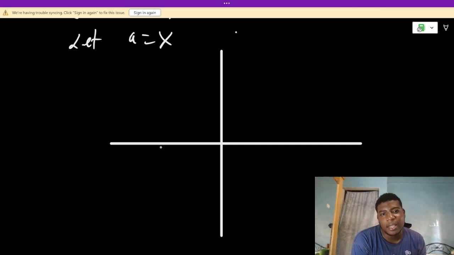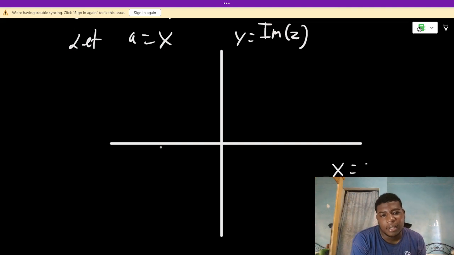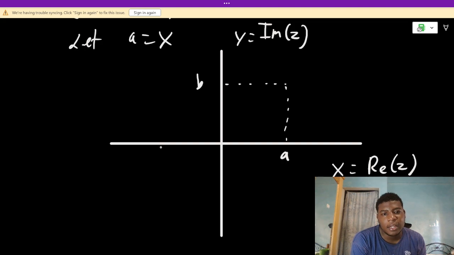So y is the imaginary part, which is how I denote it, and x is the real part. I have the real part here, a, and the imaginary part here, b. And look at that, you have plotted yourself a nice complex number, a, b.